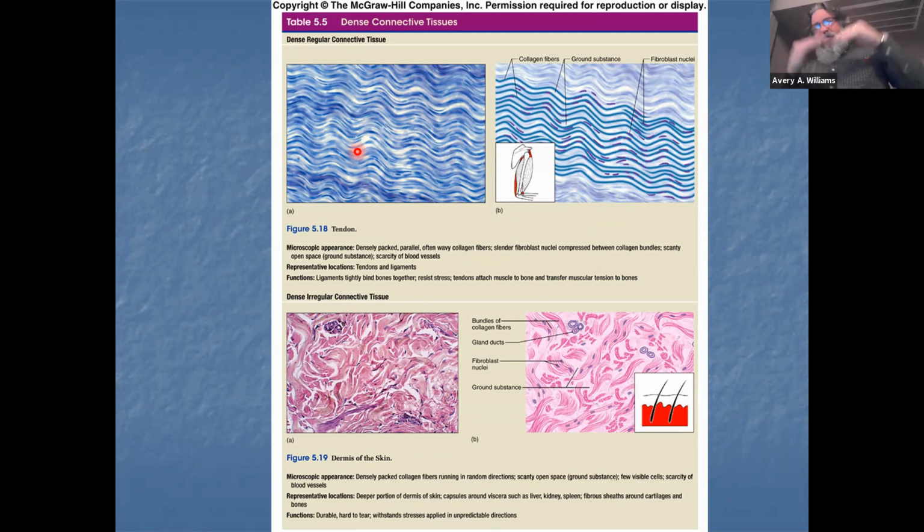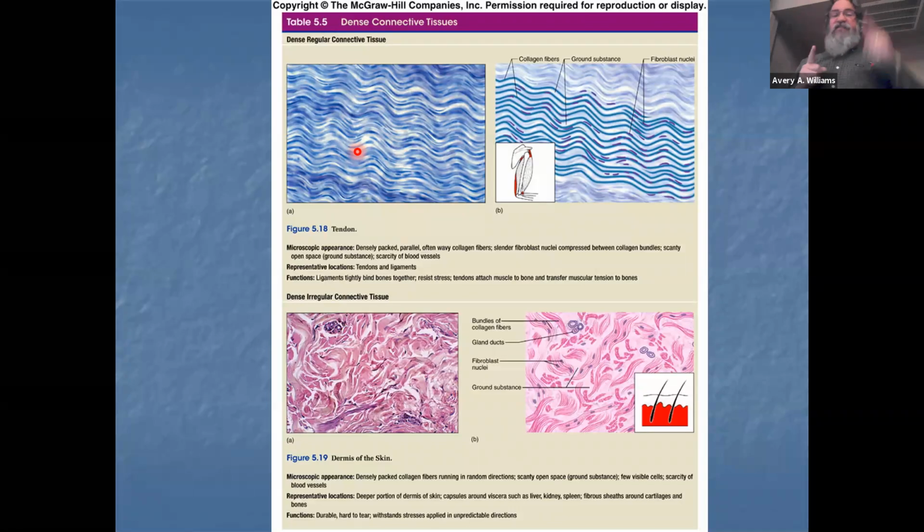Imagine a bunch of individual toe straps. That's a lot of strength in one direction, but that's it, just one direction. And so when you need tensile strength just in one plane, just being pulled in one direction, that's where you would invest your dense regular connective tissue. And the only place that you're going to find this stuff is forming tendons and ligaments.